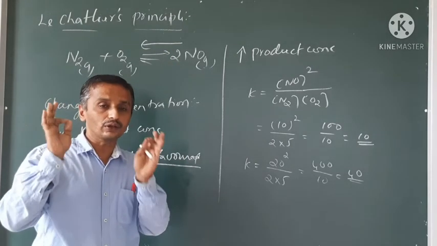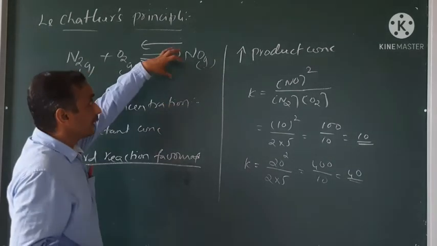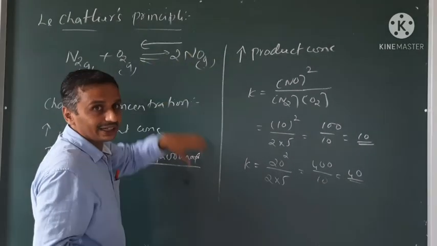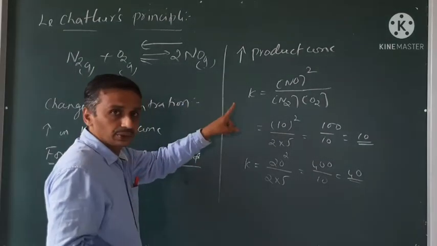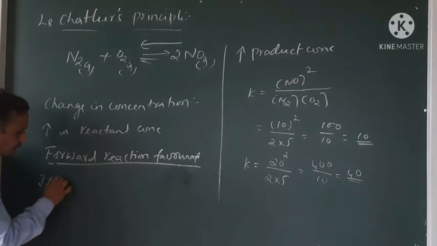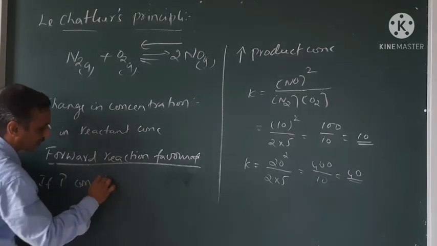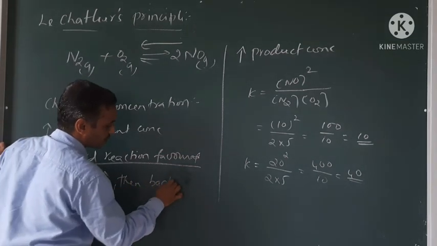More and more nitric oxide decomposes into nitrogen and oxygen so that the increased concentration is going to be decreased. So if product concentration is increased, then always the backward reaction is favored.